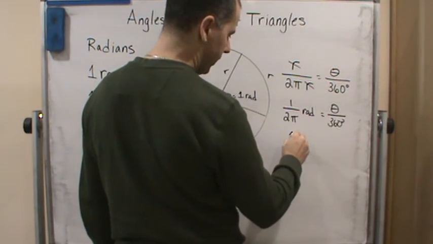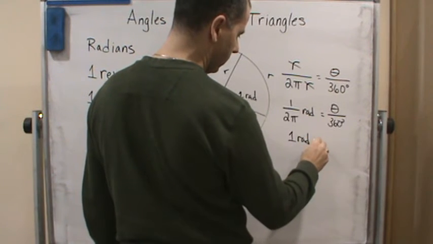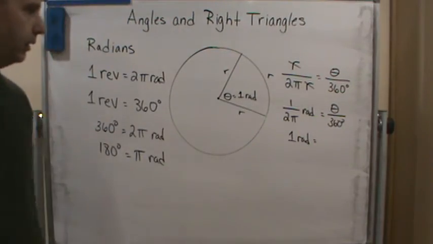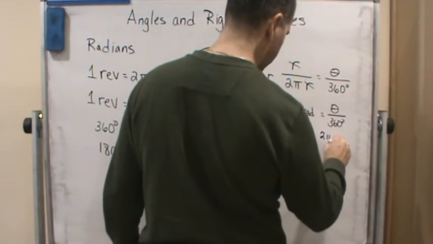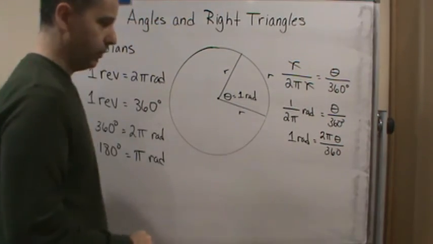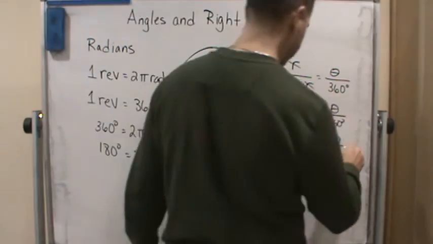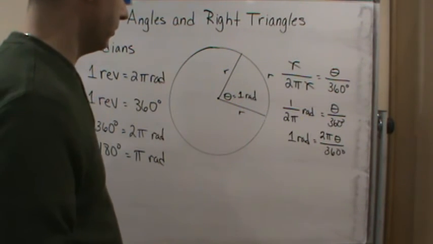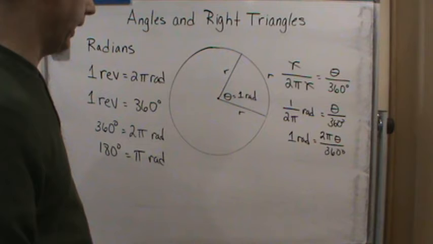So I can say 1 radian is equal to what? 2 pi theta over 360 degrees.